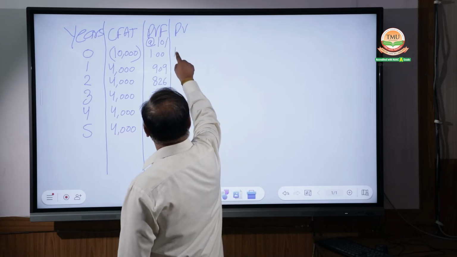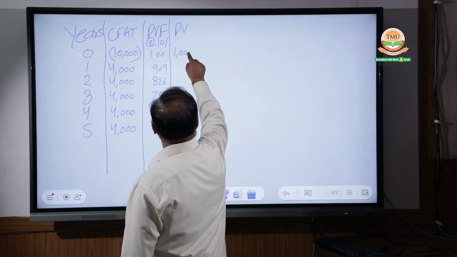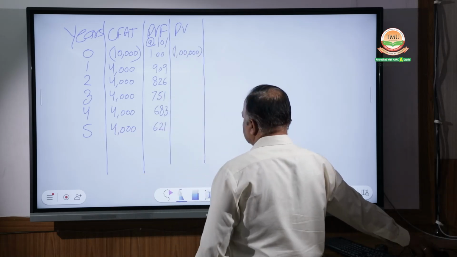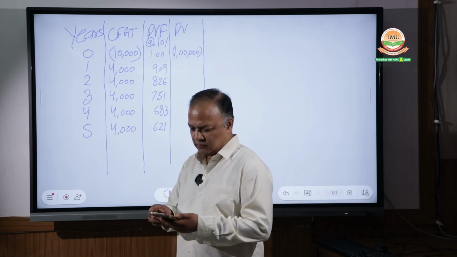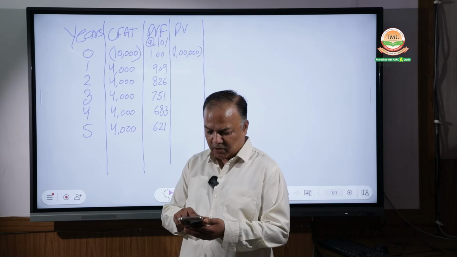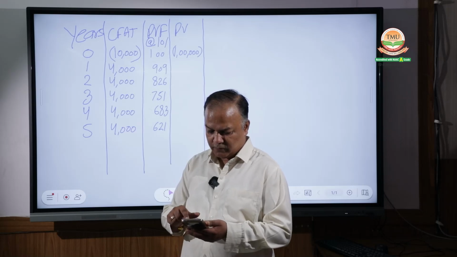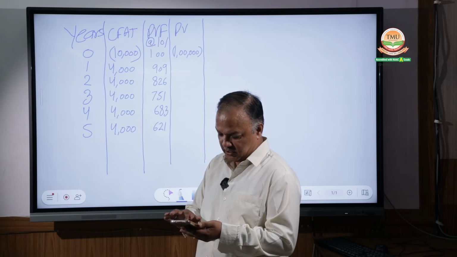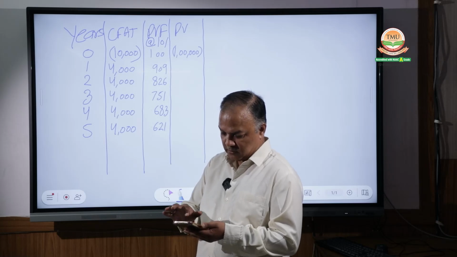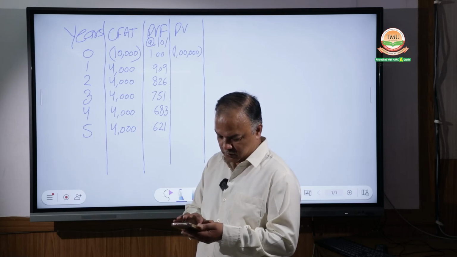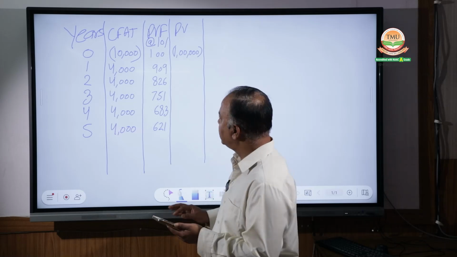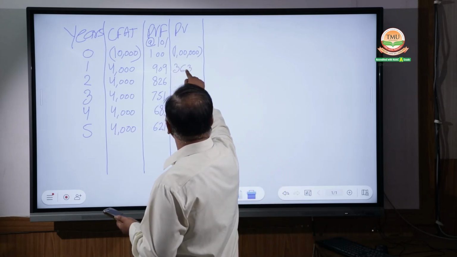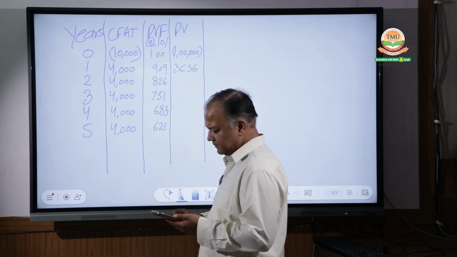So here it will be 1 lakh. Now to calculate, I am taking the help of calculator. This is 0.909 into 4,000. It will be 3636.